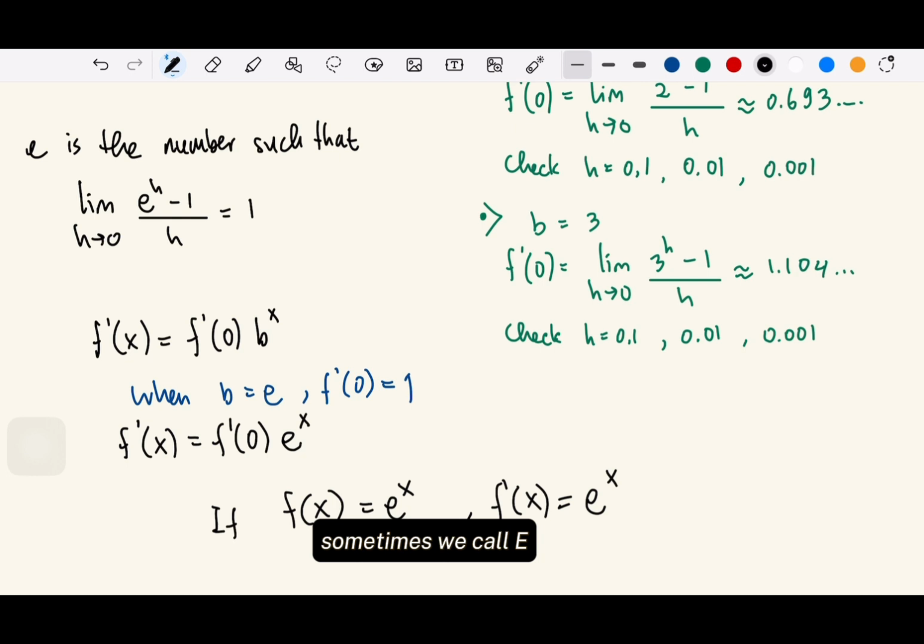Sometimes we call it e, you know e? Why do we call this e? Why not? I mean, yeah, Euler, the founder, Euler. Okay, if you forget that.